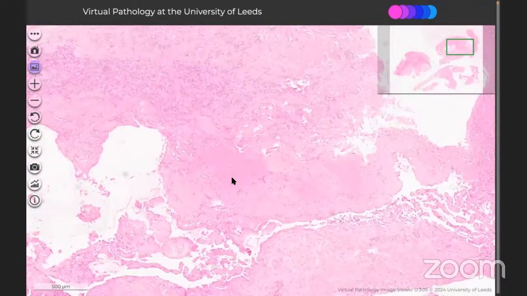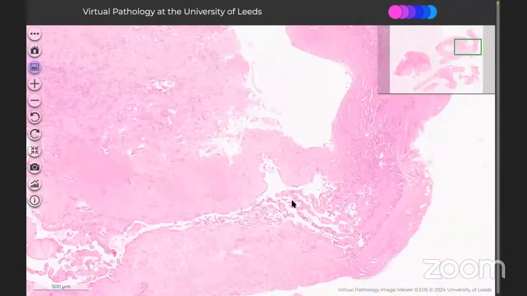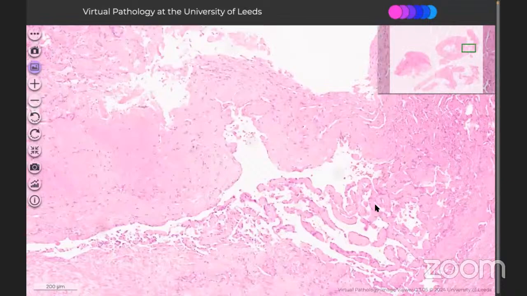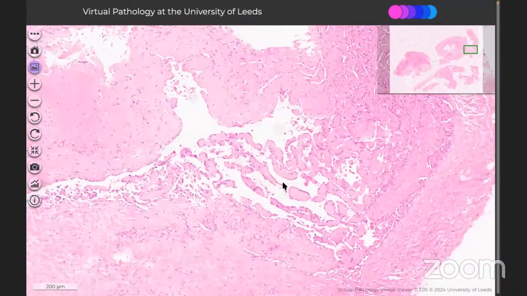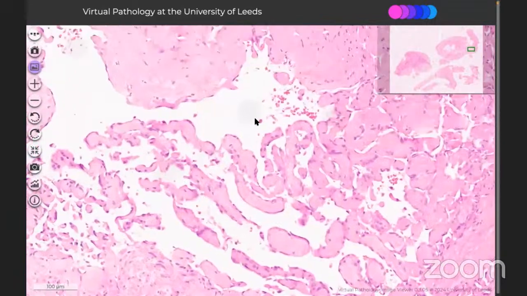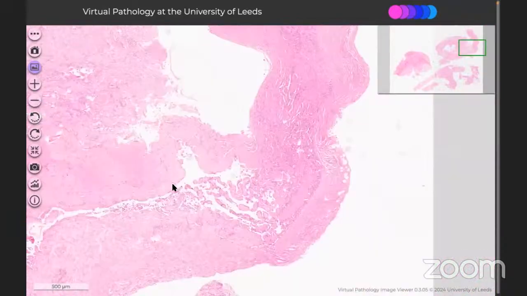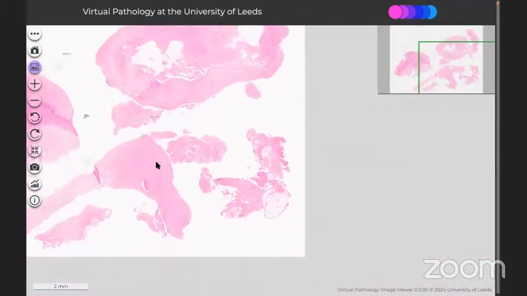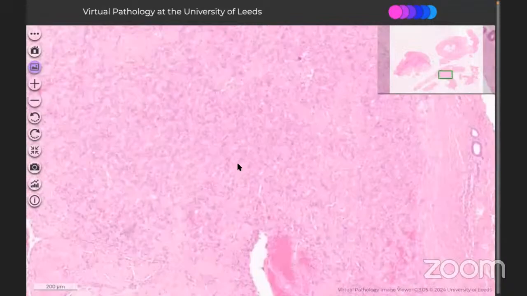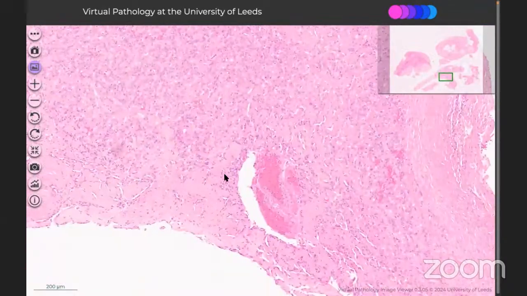And if you go inside that cyst-like area, you see that there are some papillae which have a dense fibrous or hyalinized core, and the papillae are lined by very flattened cells, and in the interpapillary area you can see erythrocytes or RBCs.